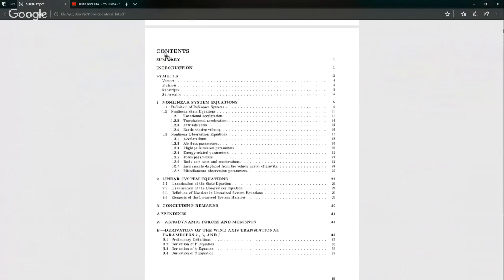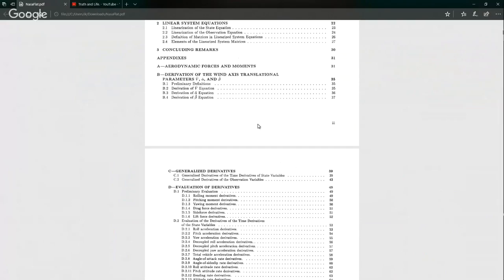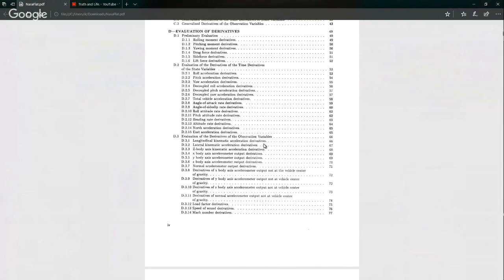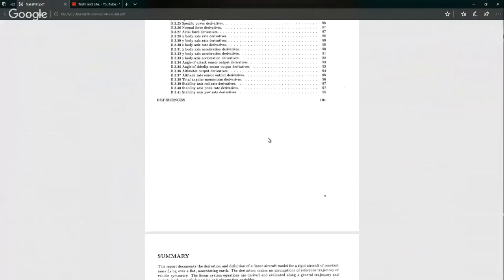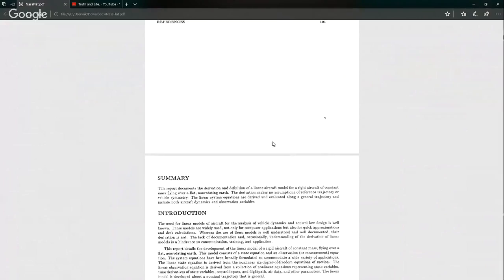Here you see the contents with all the subjects they looked for, and with many formulas and calculations. But we're gonna scroll down through this report a bit.